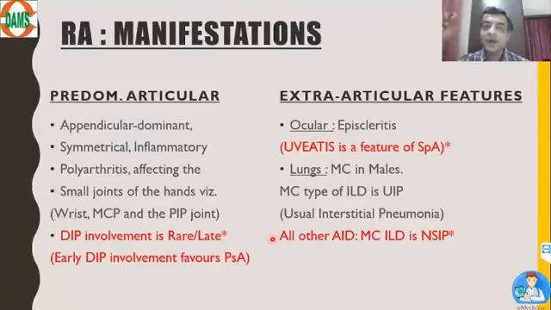We have written non-specific interstitial pneumonia. So in autoimmune disease, the most common type of ILD is the NSIP. RA is an exception to the rule. That's why we are highlighting. So RA presents with UIP, usual interstitial pneumonia, right?